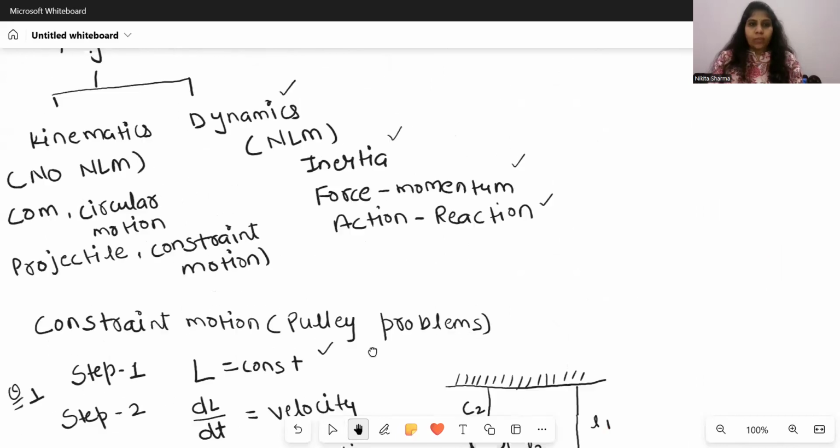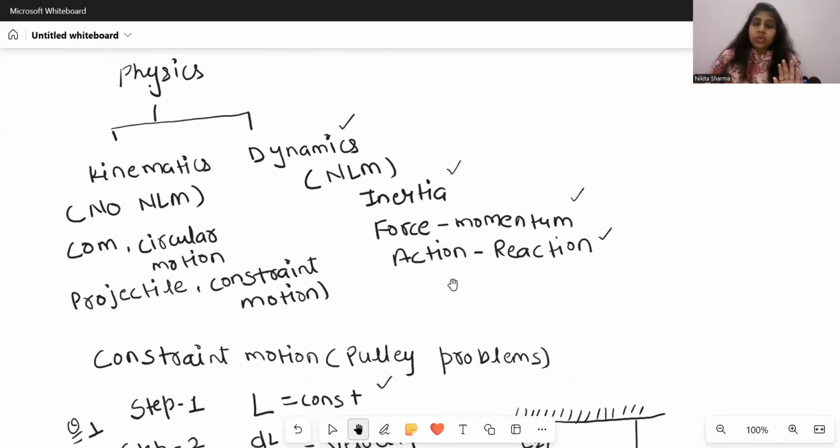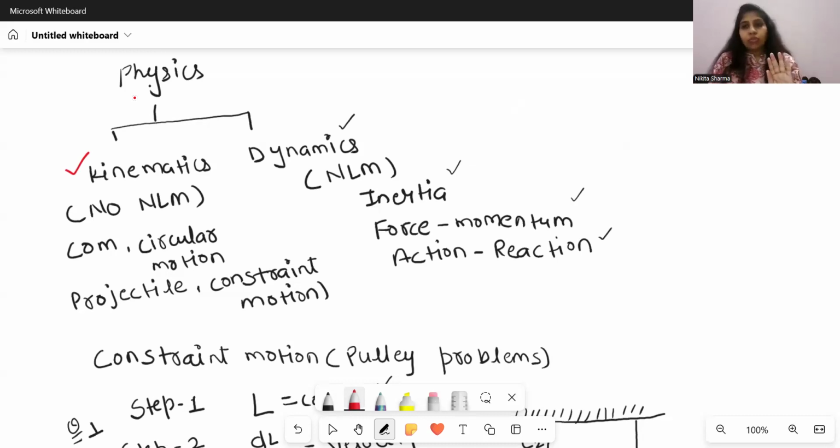So we started our session with the very basic, the physics. Entire physics we divide into parts. Part number 1 is kinematics. Kinematics is the part of physics in which we are not following the Newton's laws of motion.